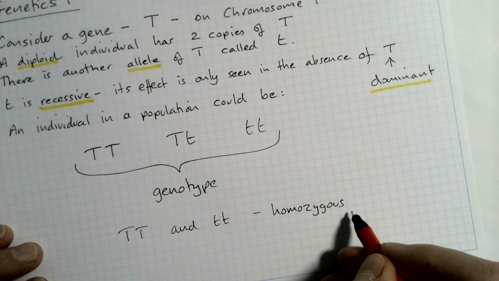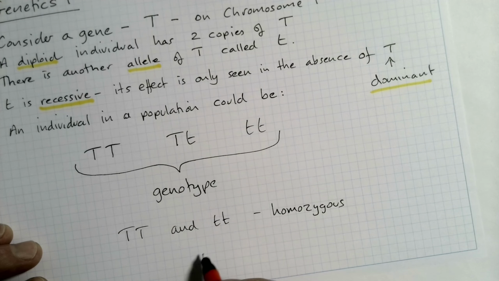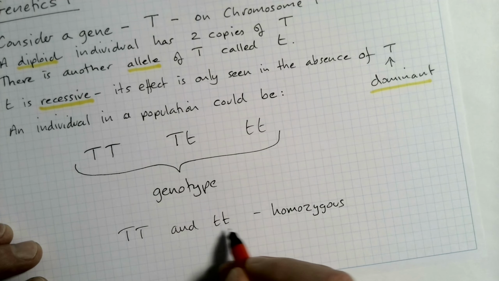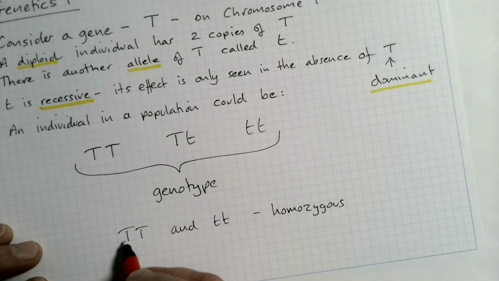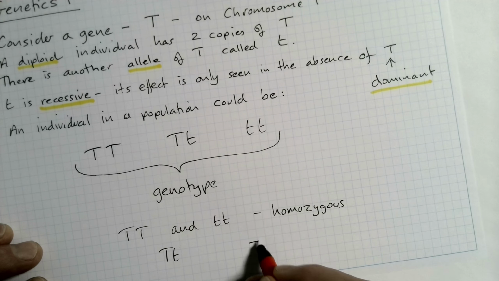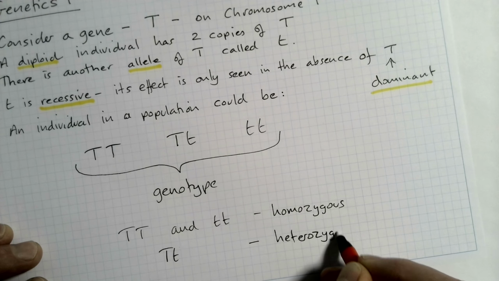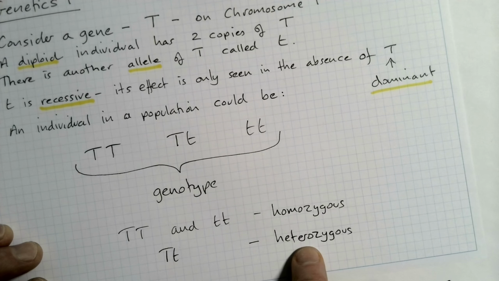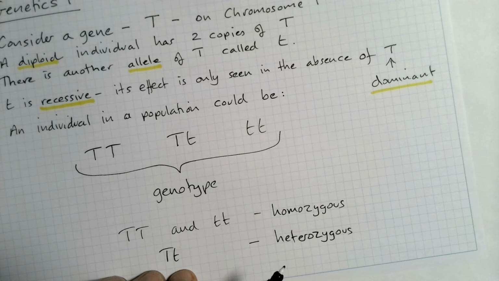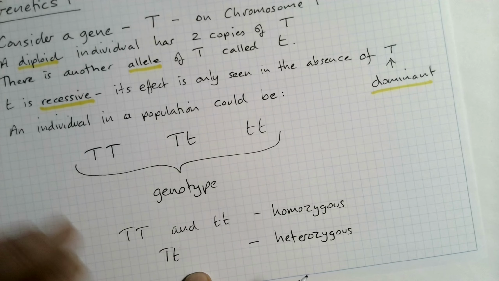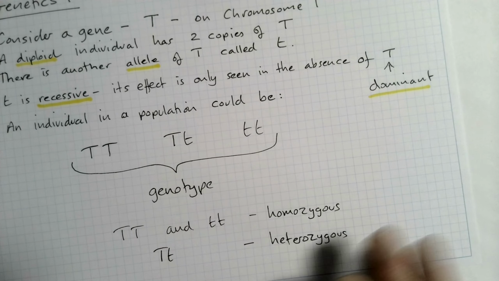So the same genes are on each of the 2 copies of chromosome 1. We also have the possibility of this, which is what we call heterozygous. Hetero means different of the genes. So one copy of chromosome 1 has a different version of the gene to the other copy of chromosome 1.